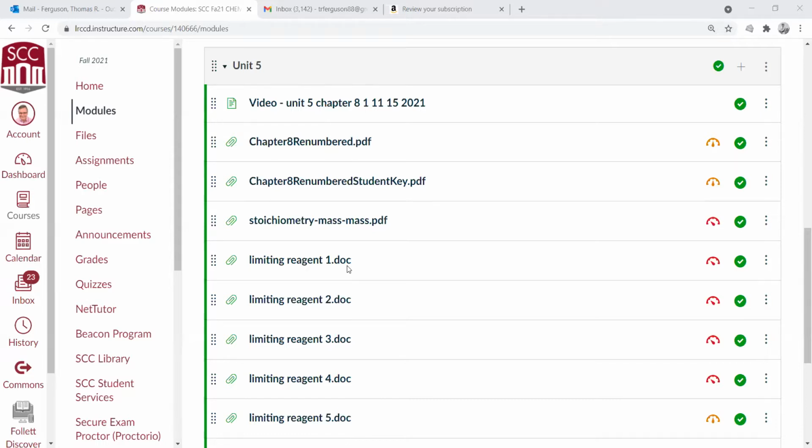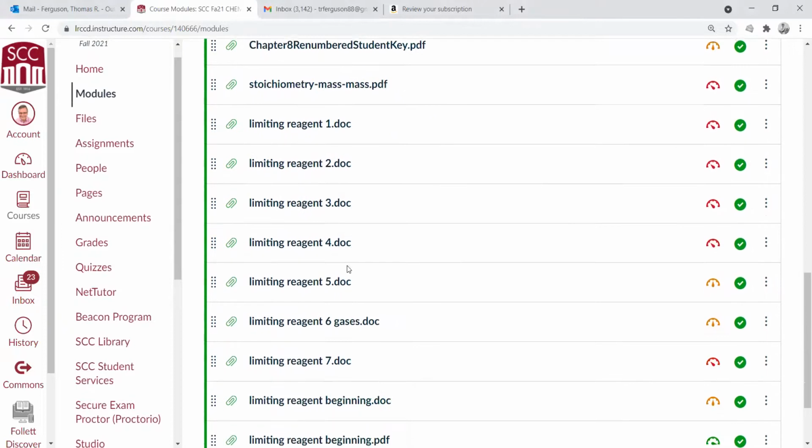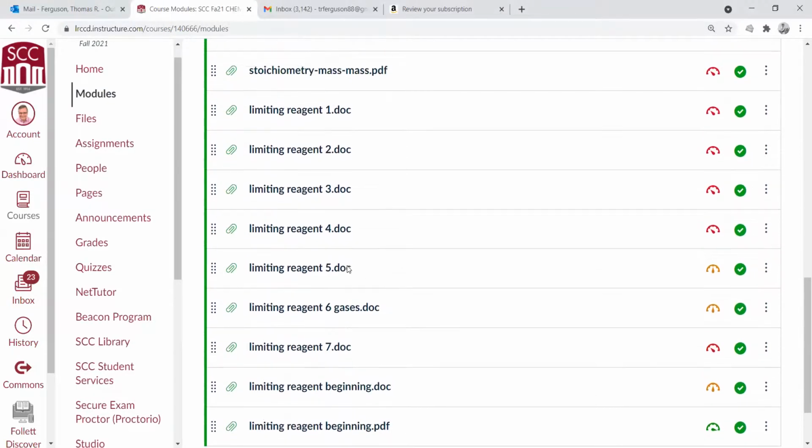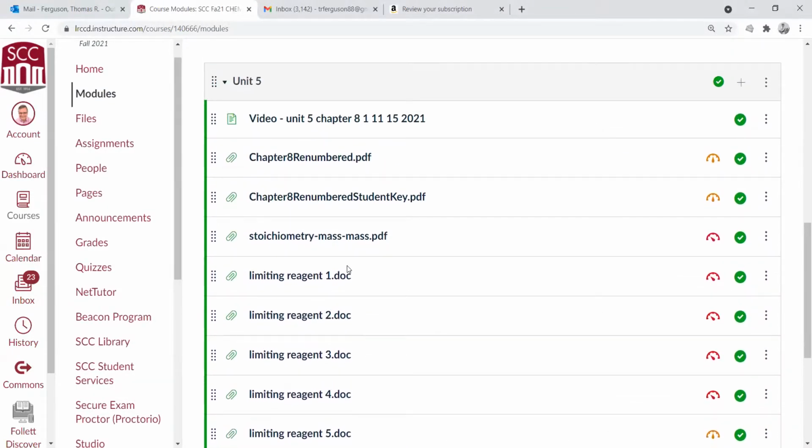Okay, cool. So the reason I'm bopping over here, I just wanted to show you, I've given you a ton of practice. Now, this one here, grams to grams, this mass to mass, there are quite a few problems there, including the answers.